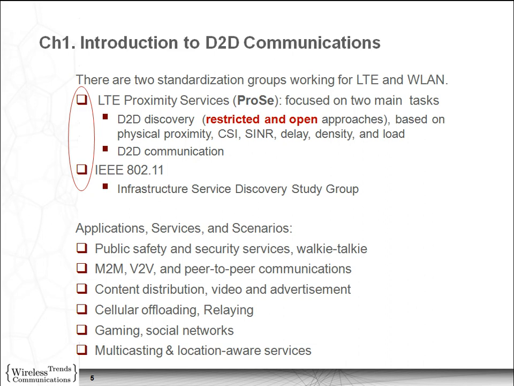So they can use these proximity services and they can use their smartphones or the devices as walkie-talkies, for example. So the idea here is that if we have these standardized public safety and security services, we can initially use D2D for these purposes. But there are many other applications.